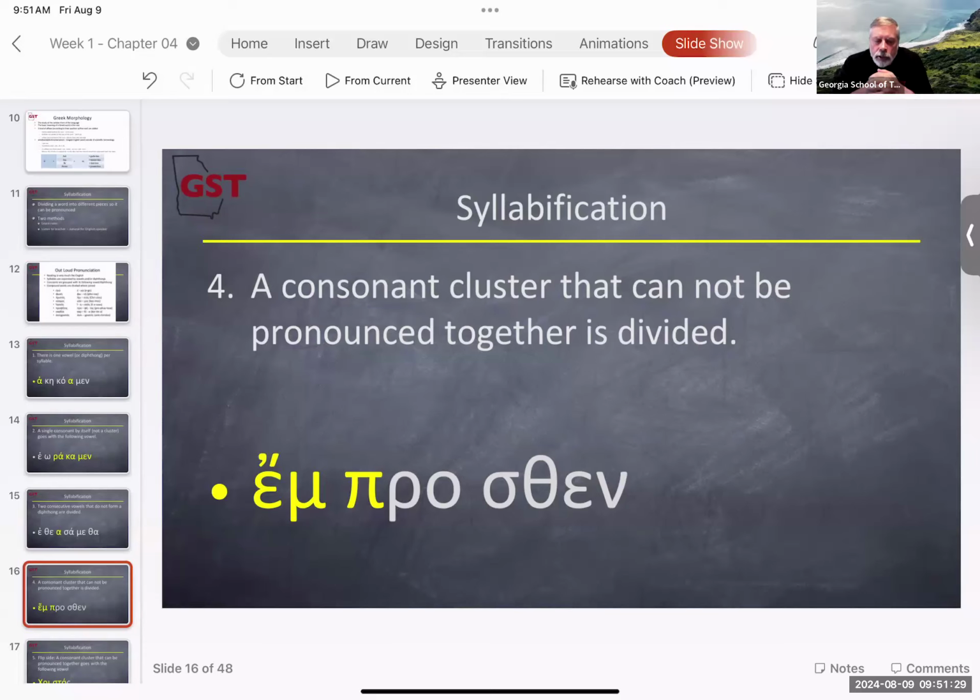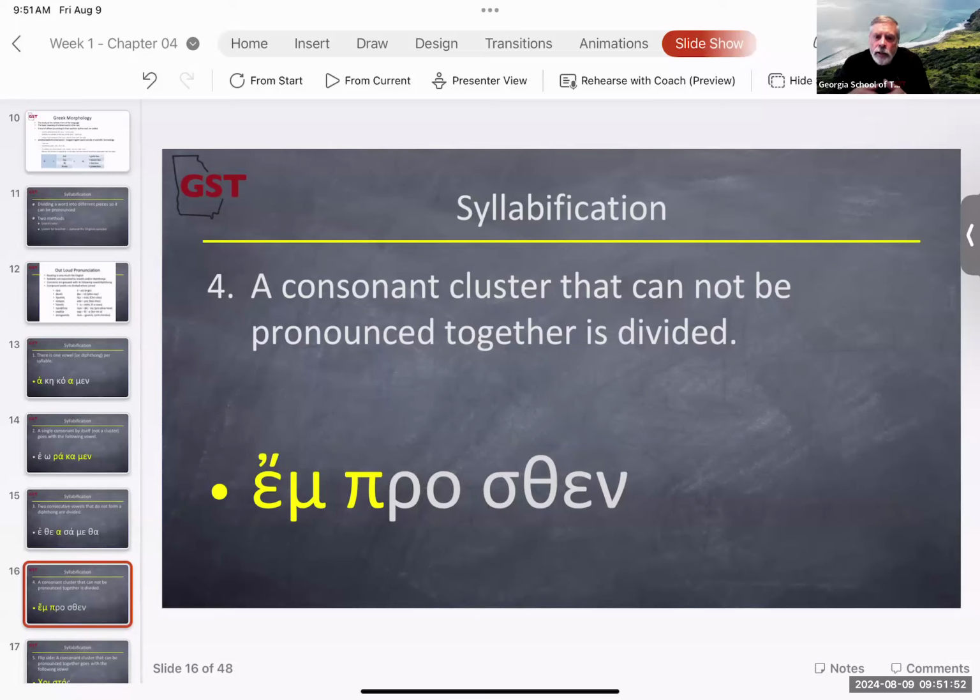So they're divided. The sigma and the theta can be pronounced together. The pi and the rho can be pronounced together, but the mu and the pi cannot. And so they're divided that way.